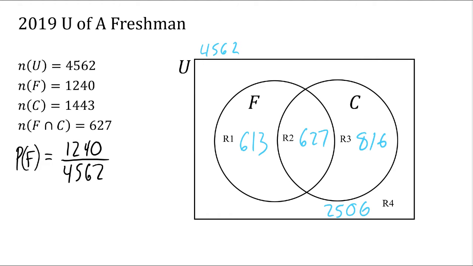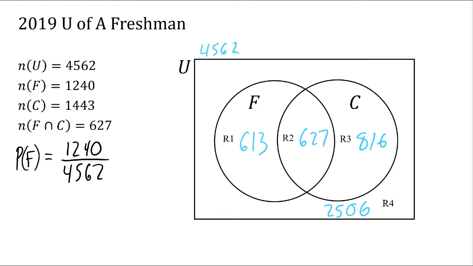Now, really, this is a conditional probability. This is not the probability that any person in the world is taking finite. It's not the probability that anyone in the state of Arkansas is taking finite. It's not even the probability that any student at the U of A is taking finite. This is the probability that a randomly selected student from the freshman class of 2019 is taking finite.